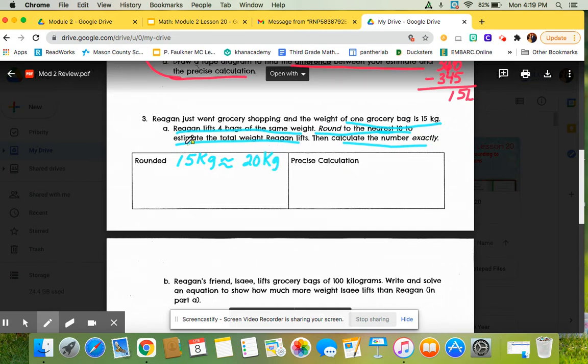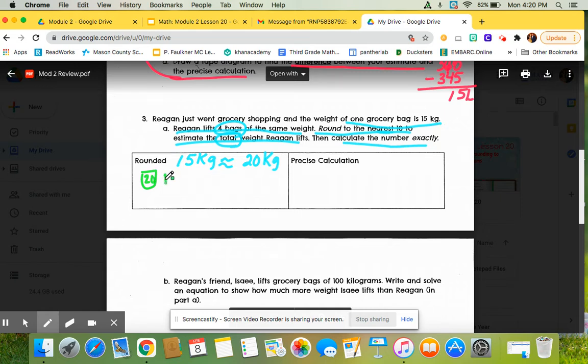Okay, now it wants us to calculate the number exactly, but that's for 4 bags. She lifts 4 bags of the same weight, round to the nearest 10 to estimate the total weight. So we rounded, but now we have to find that total weight. So the total for 4 bags, you could look at it a couple of different ways.